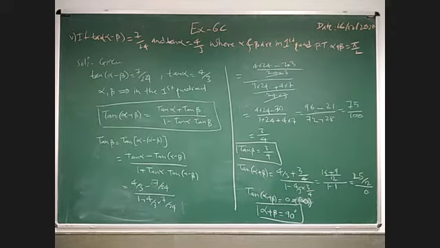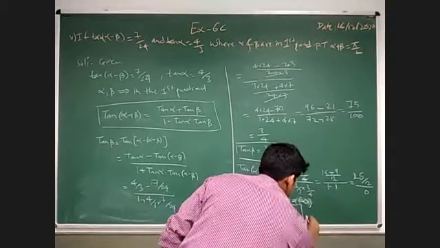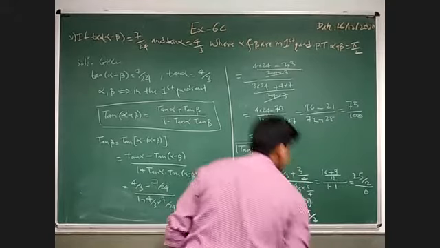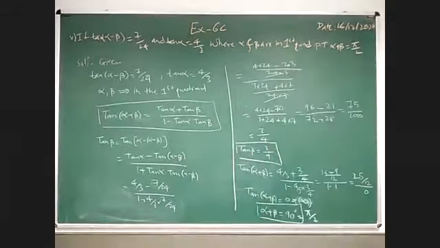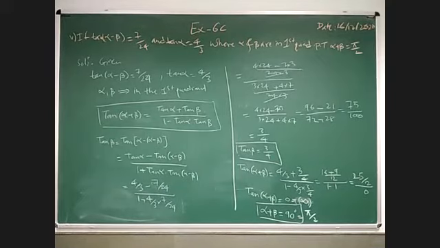Child, this 90, what does it mean? 90 means pi by 2. 90 degrees means pi by 2. So Mr. Taha Ali and Mr. Amir and Arif, have you understood this question?